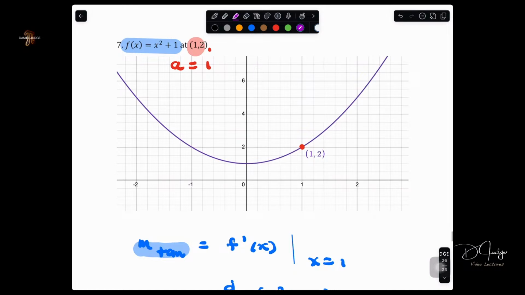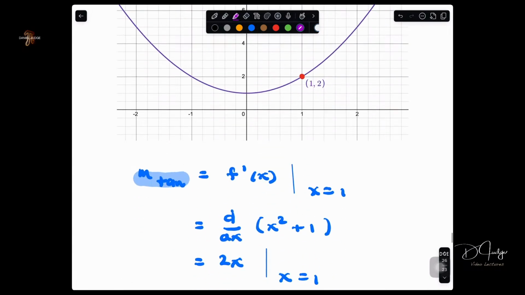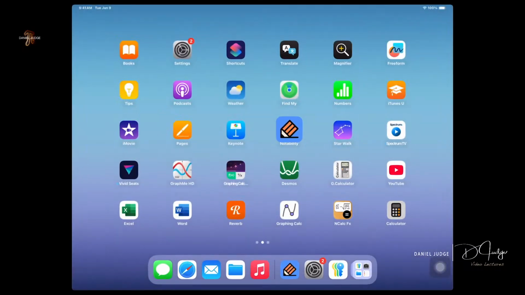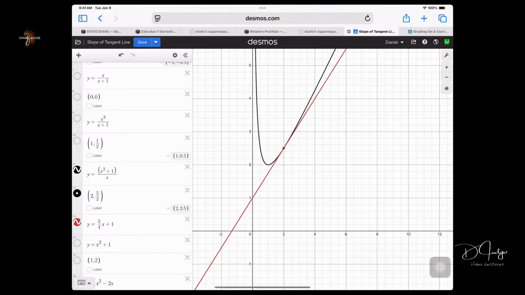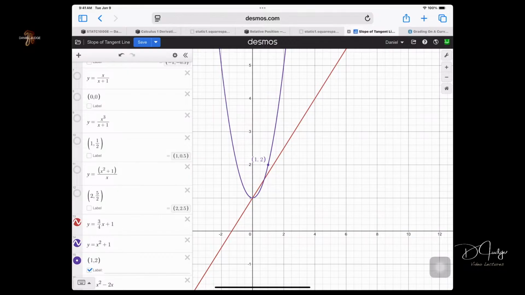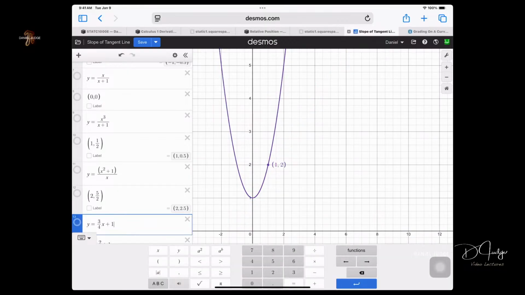So in Desmos now, I'm going to go here to this function to share with you guys y is 2x, how that looks. I'm going to change that tangent line to 2x.